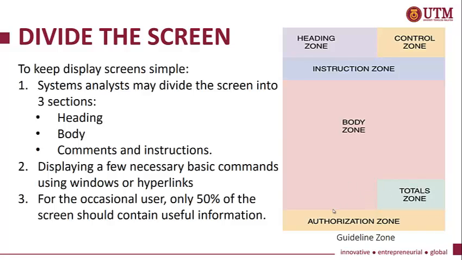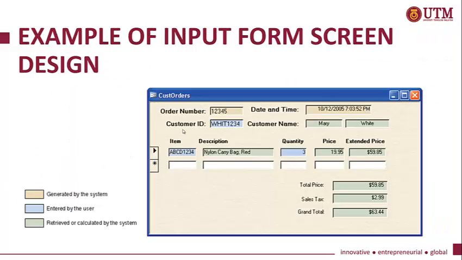Finally, the authorization zone contains any required signature. For the occasional user, only 50% of the screen should contain useful information, and the other 50% should be white space.